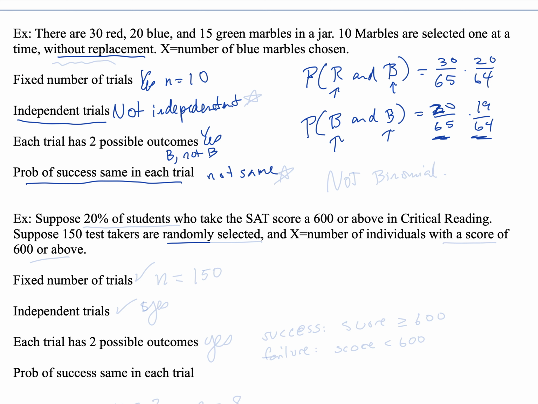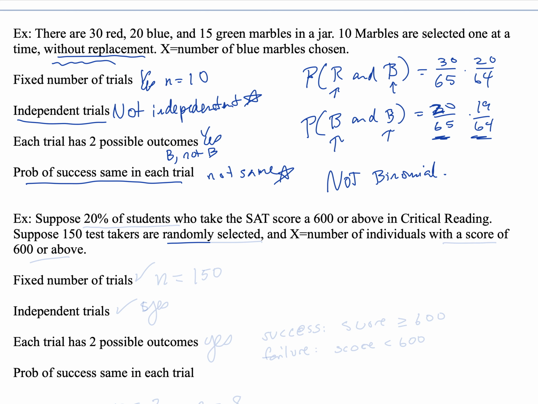So there are two possible outcomes, but because these two criteria are not met, this is not binomial. Again, we could fix this and make it binomial if instead of saying without replacement, we did this with replacement. In that case, this would be binomial. The probability of success in any one trial would be 15 out of 65.